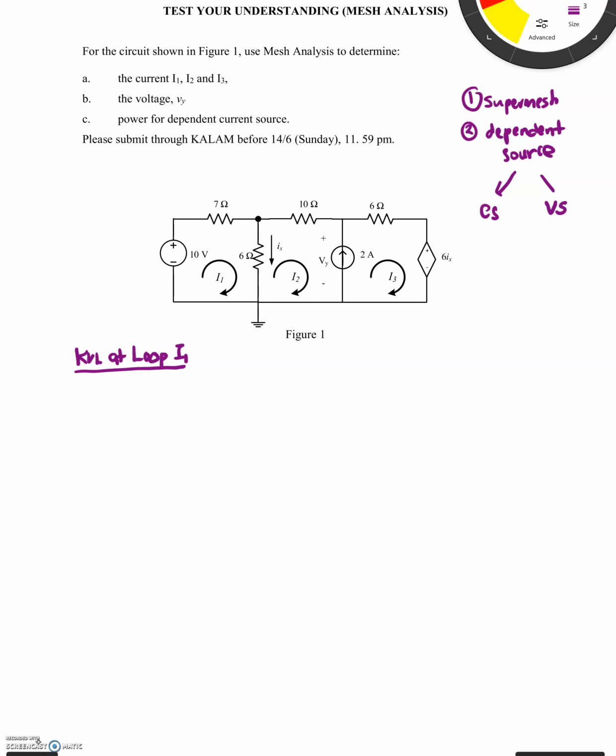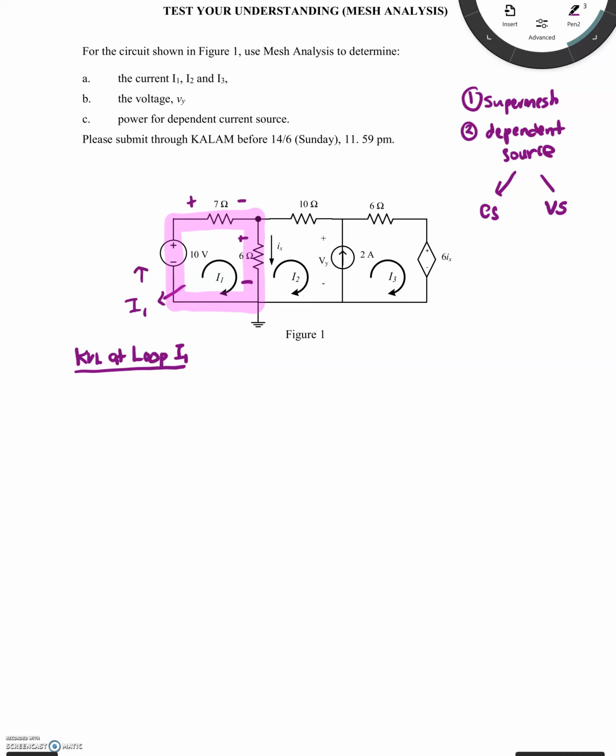So the owner of the loop is I1. This is the voltage that you need to consider, and we assume that here is positive.